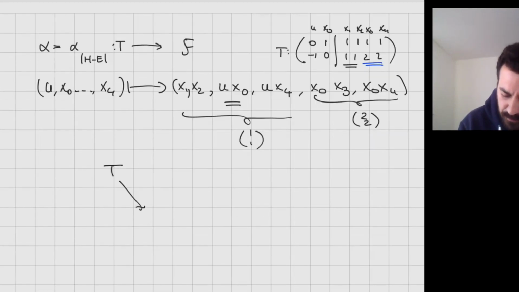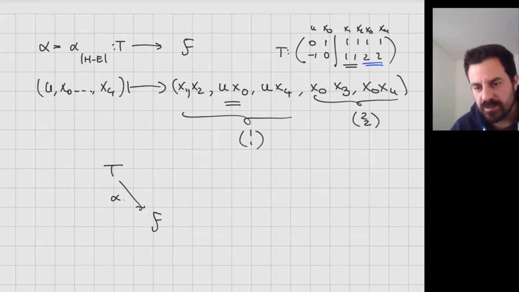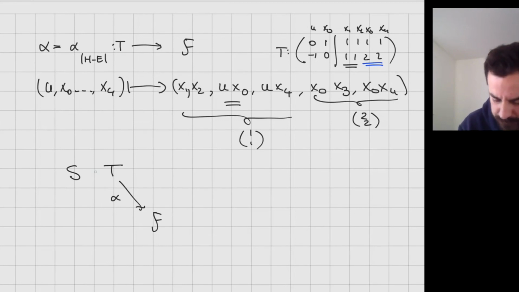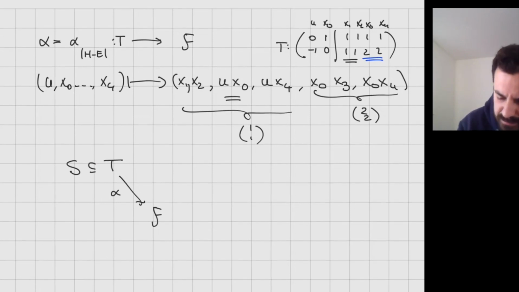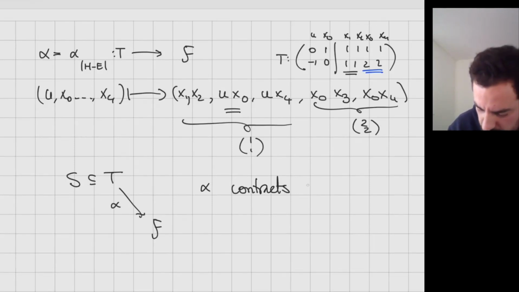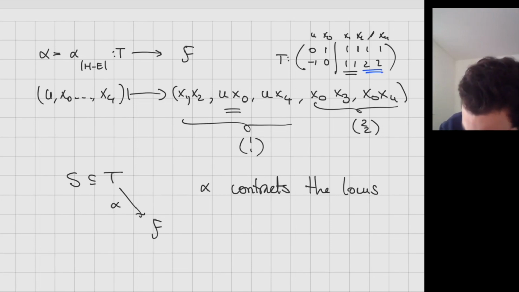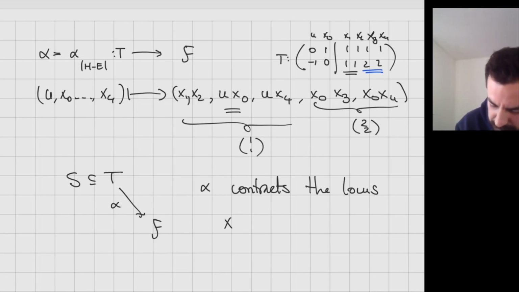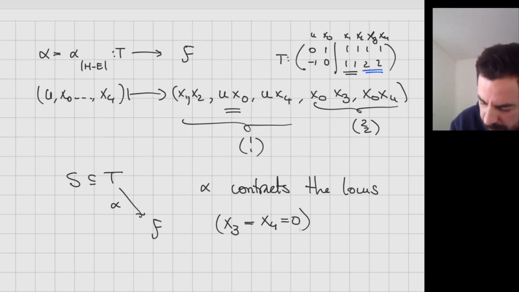I have T going to F by alpha. The question is, what does this contract? What is the locus contracted here? I think it's quite clear that alpha contracts the locus x3 equals x4 equals 0, because these are multiples of x3, x4.